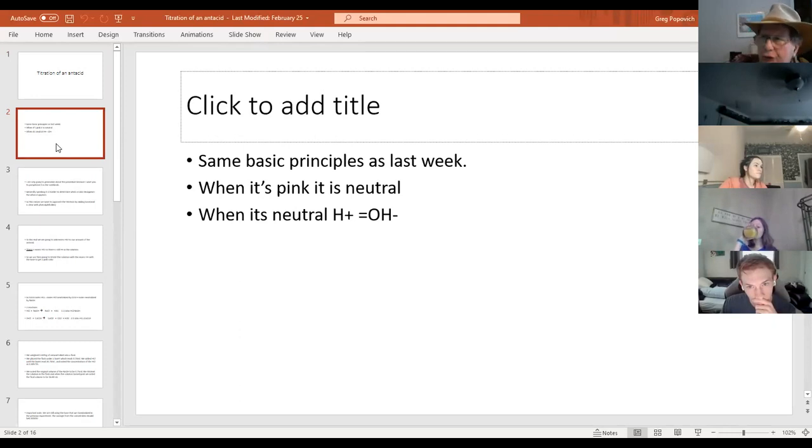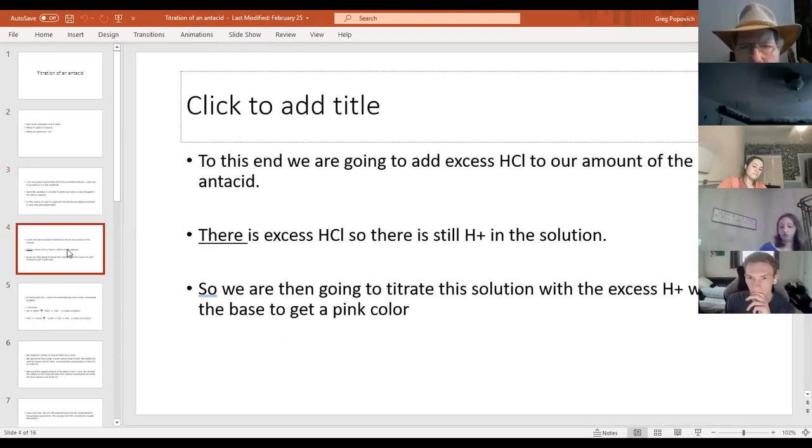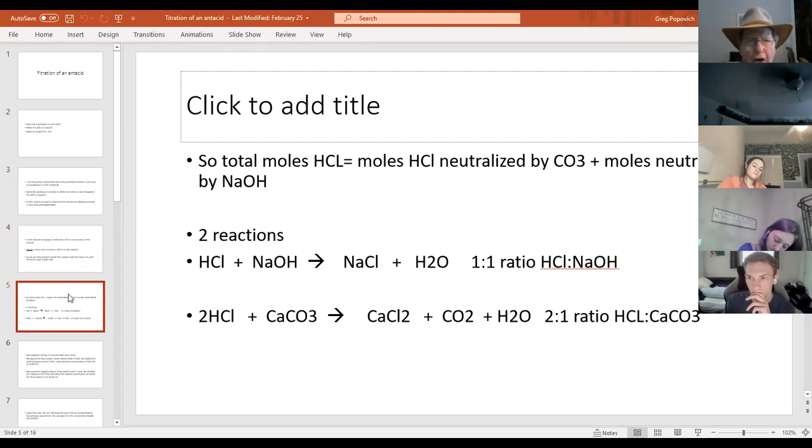Okay, when it's pink, it's neutral. And when it's neutral, H+ equals the OH-. Now, last week, we had 2 sources of acid that equaled the base. This week, we're going to have 2 sources of base that are going to equal the moles of the acid. Now, we're dealing with 2 different reactions.